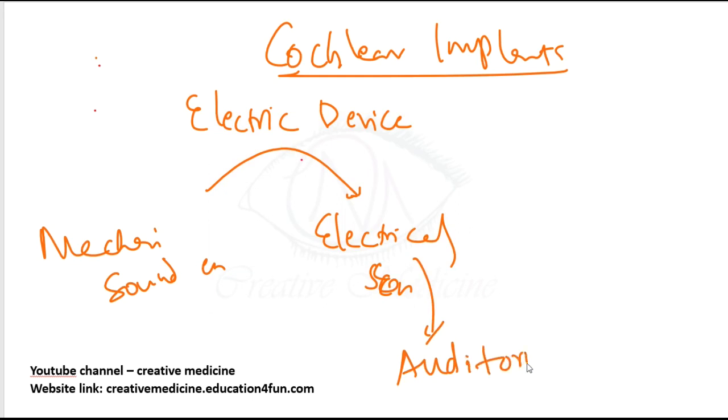So the electrical device converts the mechanical sound into electrical signals, and from there they are sent to the auditory nerve.